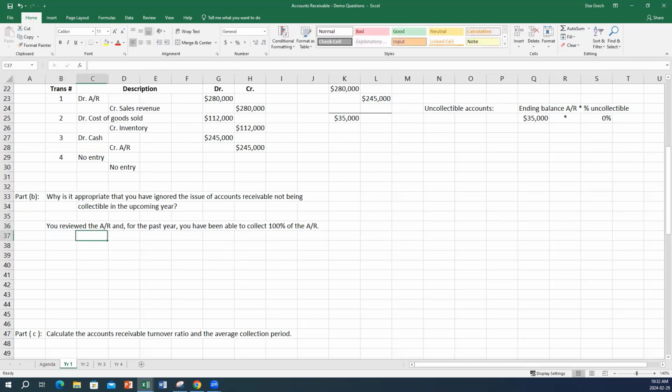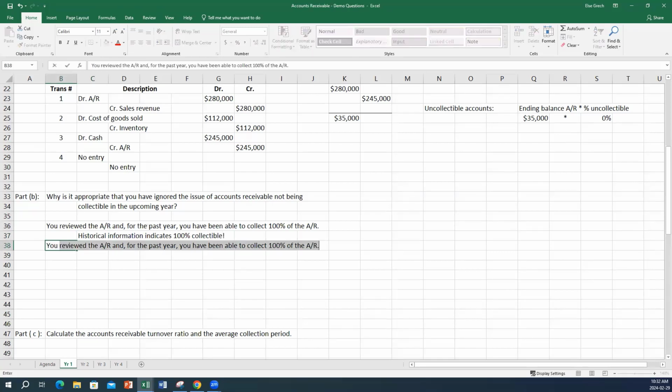So you have some historical information. It indicates 100% collectible, right? You follow up with your customers regularly, and you plan to continue to do so. Right? If it's worked till now, you're probably going to continue doing that.